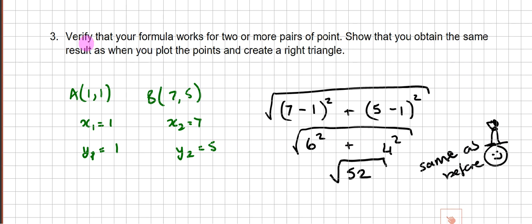So the important word here is verify, and now I've said to you over and over again, how do I get verification with calculators and you guys? Why do I say it's important that you all do the calculation?